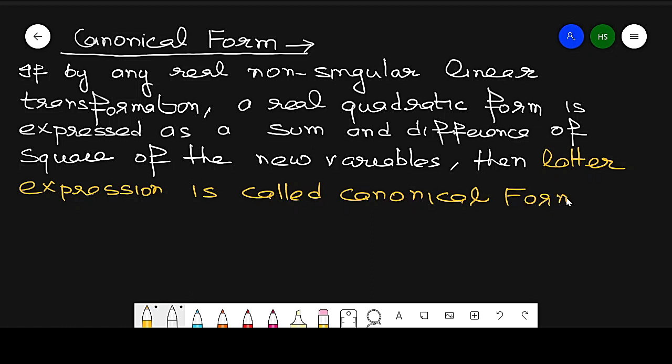So this is called a canonical form. Remember that: that latter expression is called a canonical form.